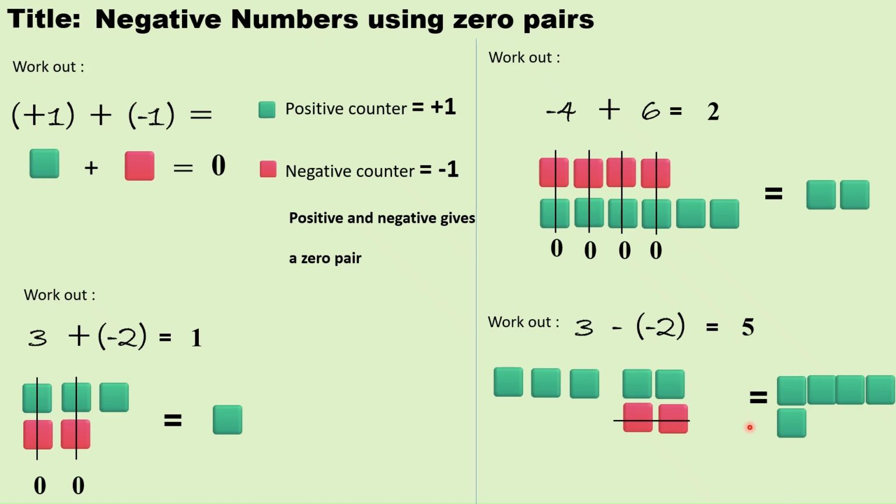And just a quick summary: a positive and a negative gives you 0, this is known as a zero pair. Here we have some examples. Also, remember, to add a negative is the same as subtracting.